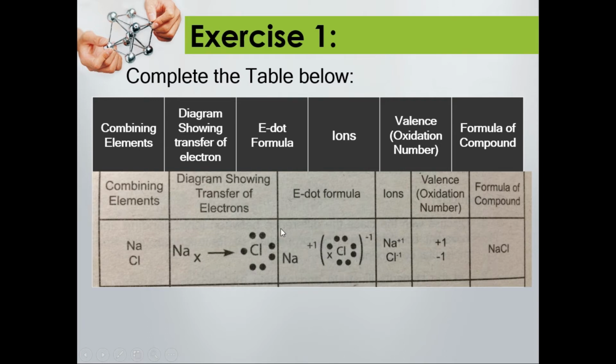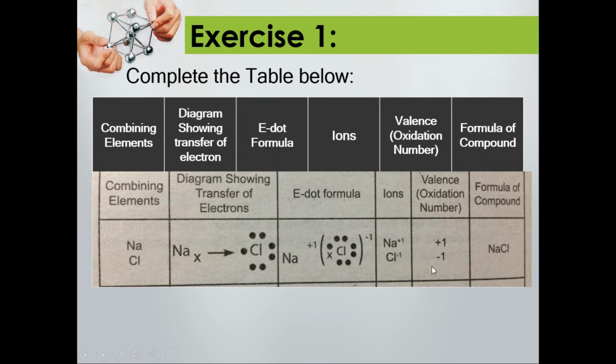It's because, again, sodium lost 1 electron, and chlorine gained 1 electron. So that is why they have a positive charge for sodium and a negative charge for chlorine. These are also the ions, the sodium ion and the chloride ion, and the charge values here are the valence.